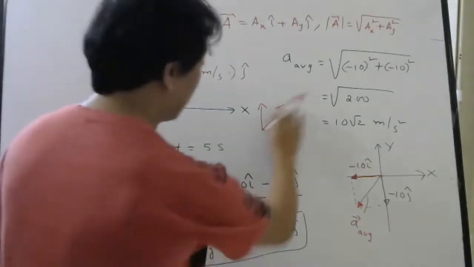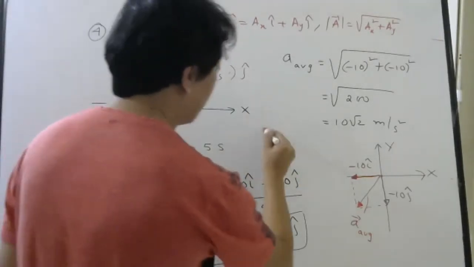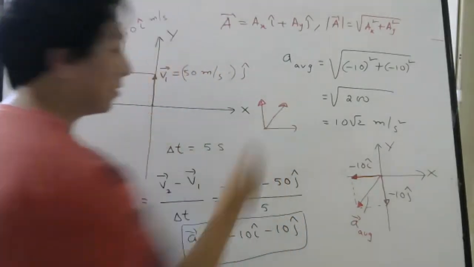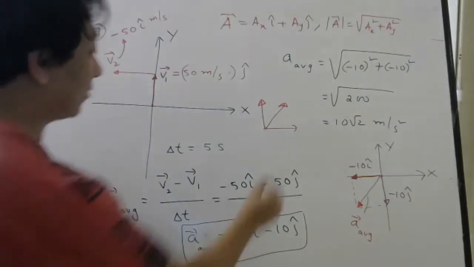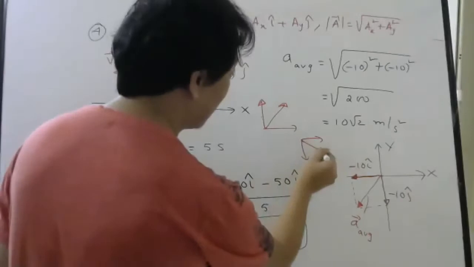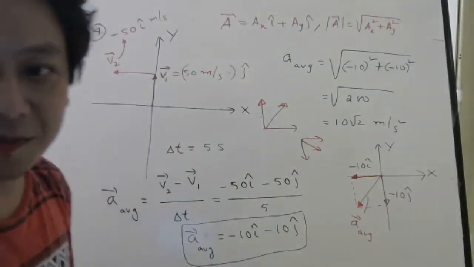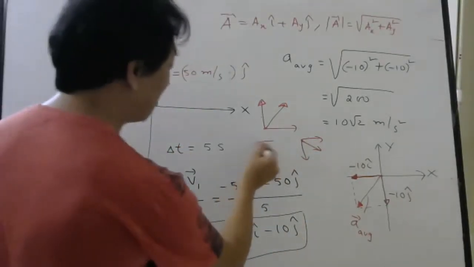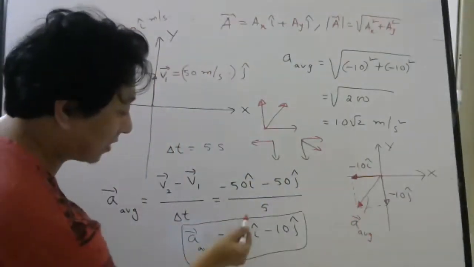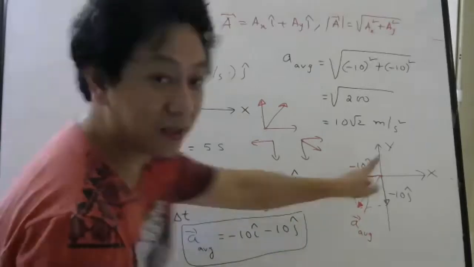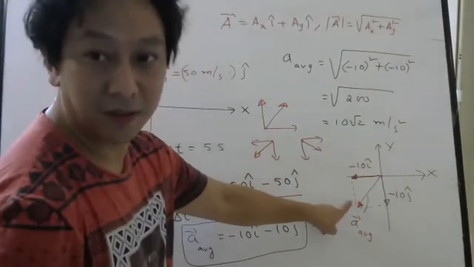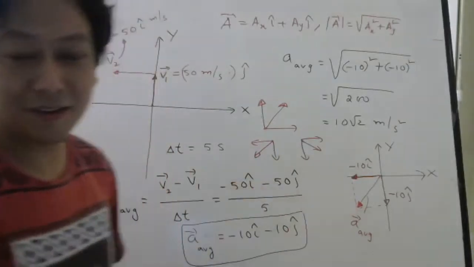So if components are here, where is the vector? Here. Similarly, if components are here, where is the vector? Here. In this example, components are along negative x-axis and negative y-axis. Then where will be the vector? Here, no? Agree or not?